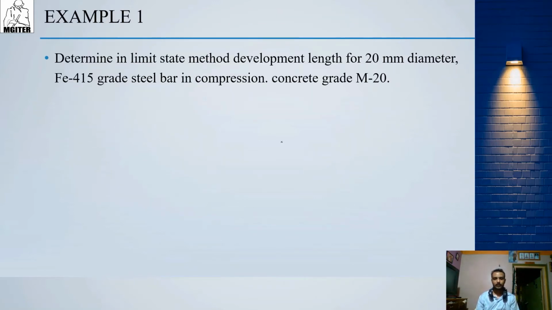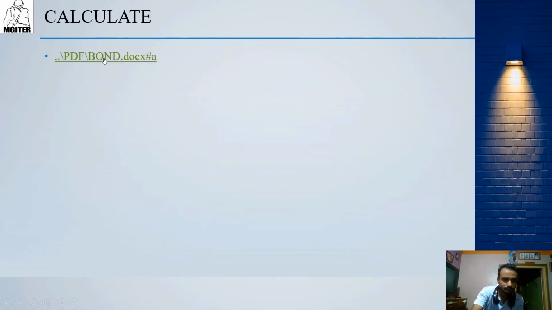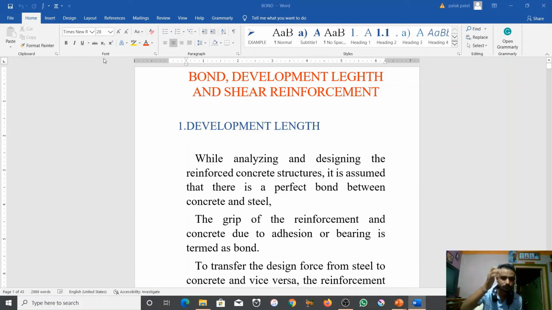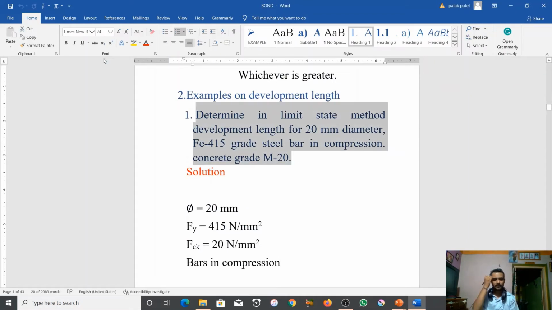Shall we start here? For example 1, we have to calculate the development length for a 20 mm diameter, Fe415 grade steel bar. This bar is in compression and the concrete grade is M20.